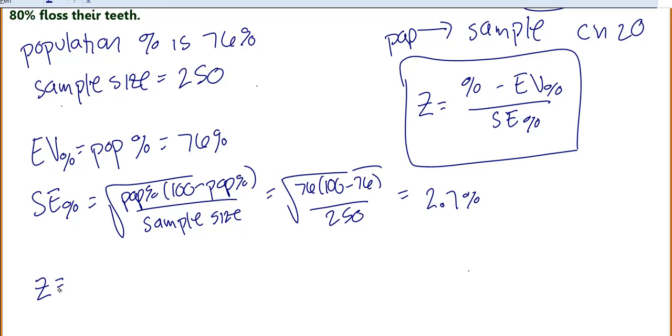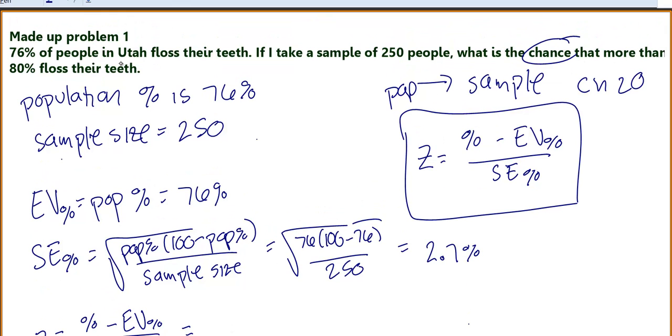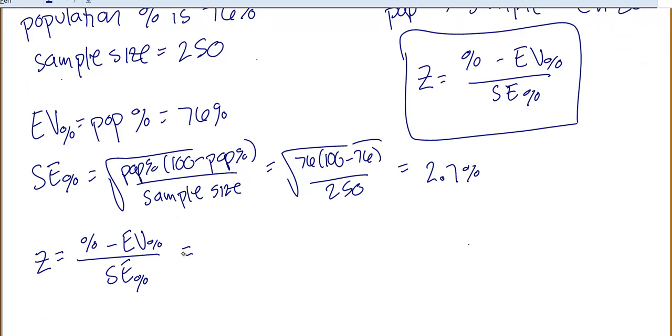Now let's find z. Z is your percentage minus expected value over standard error. We're looking for the chance that more than 80% floss their teeth. So the percentage of interest is 80, the expected value is 76, the standard error is 2.7.